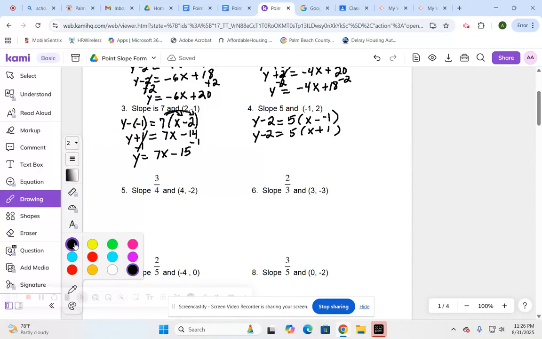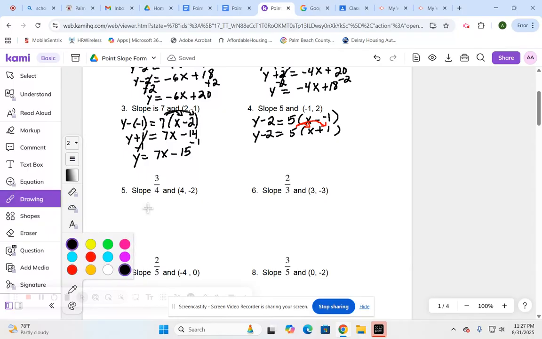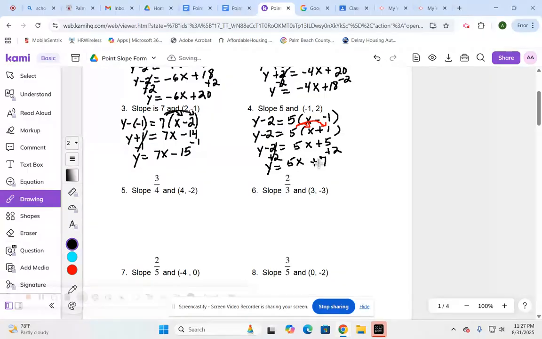Now I'm going to distribute. So we'll have y minus 2 on this side equals 5x plus 5. We will add 2 to both sides. We'll have y equals 5x plus 7. So we have our equation in slope-intercept form.